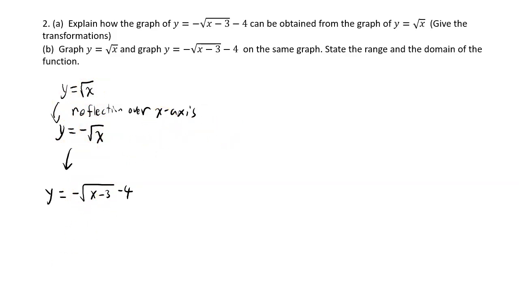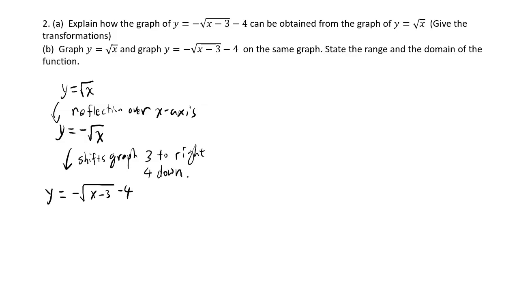And then replacing x by x minus 3 shifts the graph 3 to the right, and then subtracting 4 makes it 4 down.